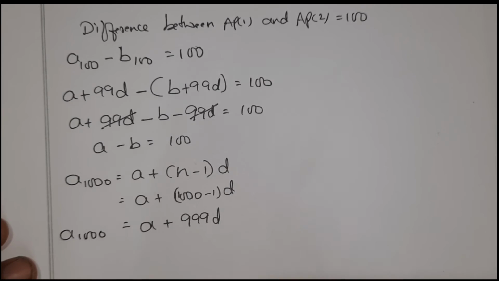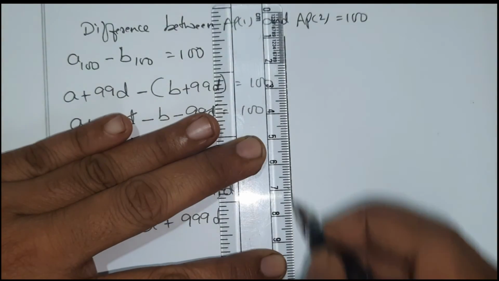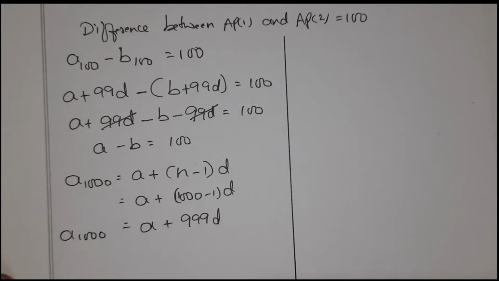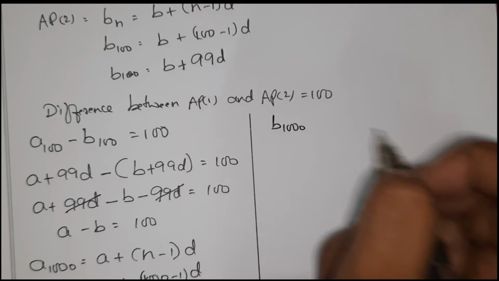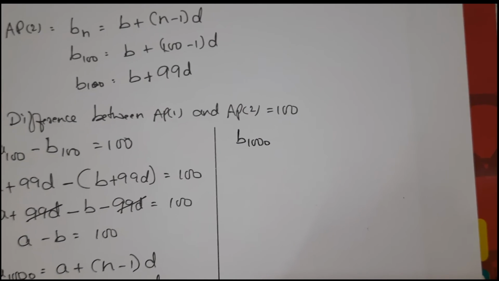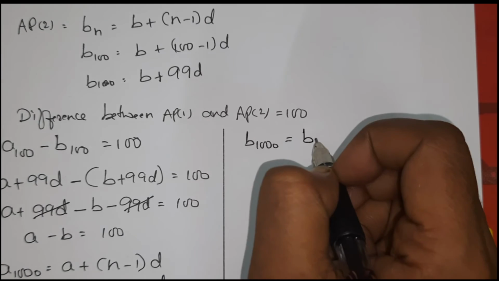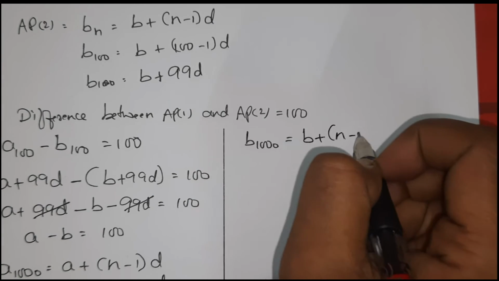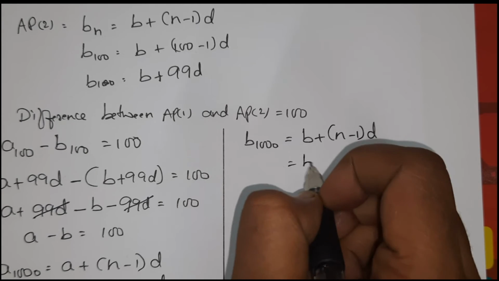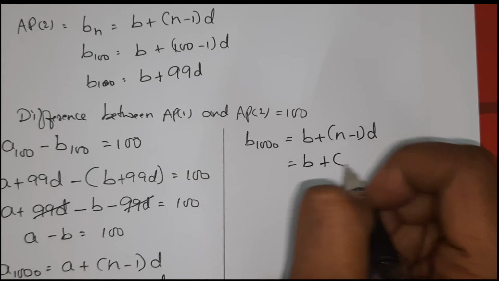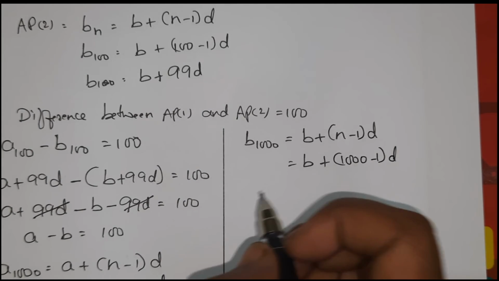Now let us find the second AP. I'll write here only, which is our B term. B1000 equals b plus n minus 1 into d, where b is as it is, plus number of terms is 1000 minus 1 into d.